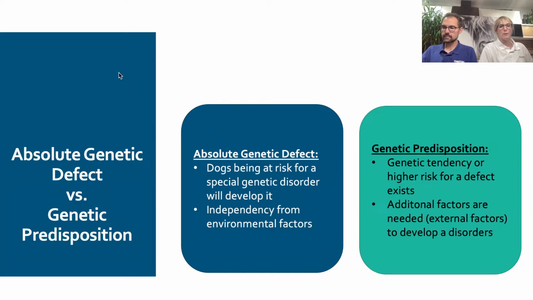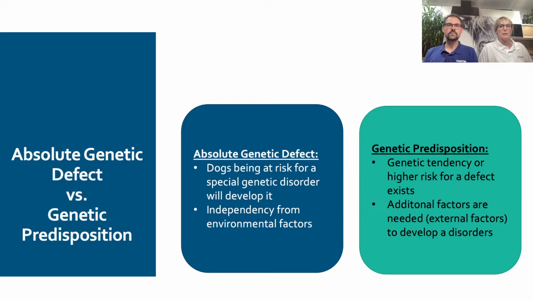When we are breeding dogs, in different breeds, we are dealing with genetic disorders. And we have two different kinds of genetic disorders making trouble. So-called absolute genetic defects.